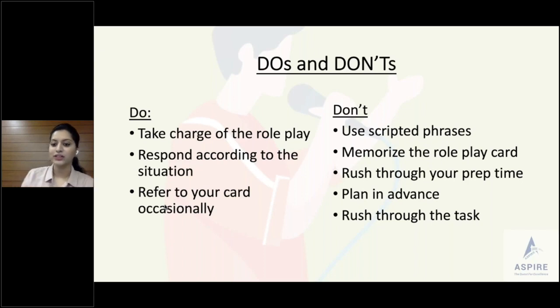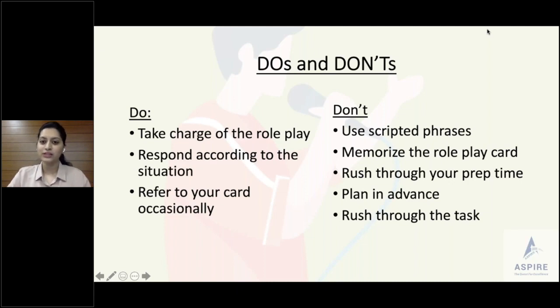Please do not use scripted phrases. It is quite natural sometimes, when we don't know how to address a case or a scenario, to try to go through examples and imitate them.